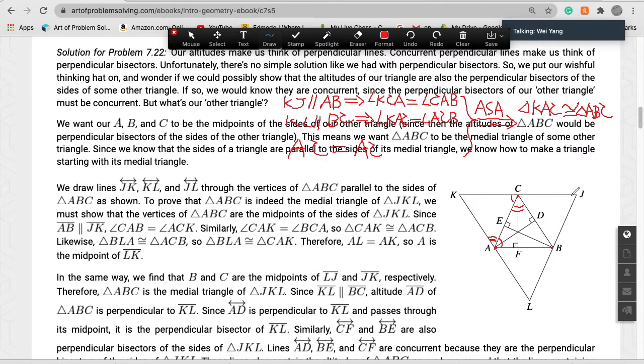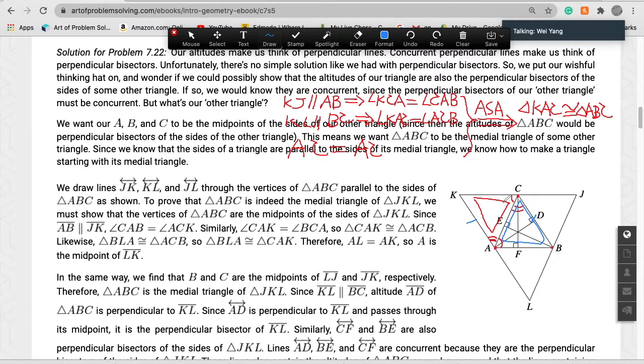Very easy. We already proved that triangle ACK is congruent with triangle ACB. So that means this side is congruent with this side, right?